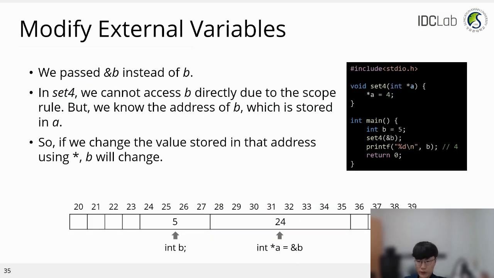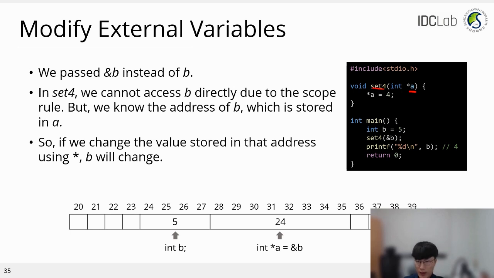So here's an example. Set4 takes A. A is not a plain integer variable, but an integer pointer variable. So it holds the memory address of an integer variable.